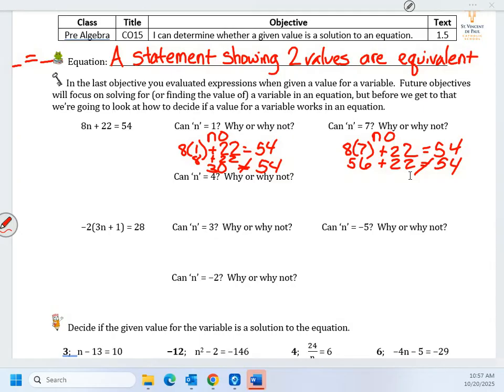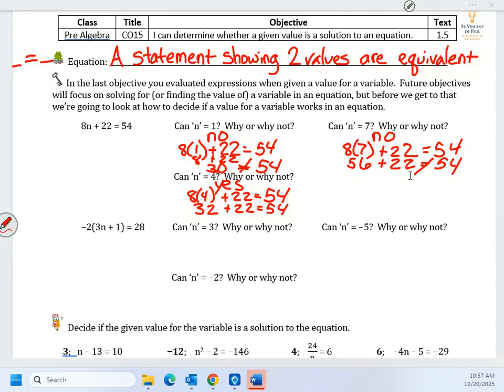Now, can n equal 4? Finley? Yes. Why? Because 8 times 4 is 32, and then 32 plus 22 is 54. Notice how I am writing out all of my steps. Joe, looking at you.